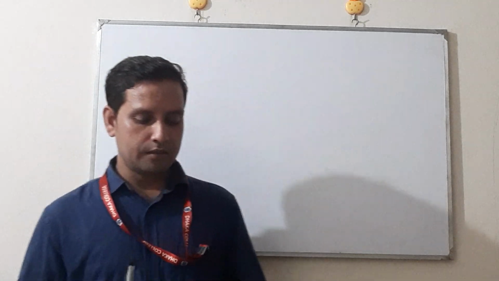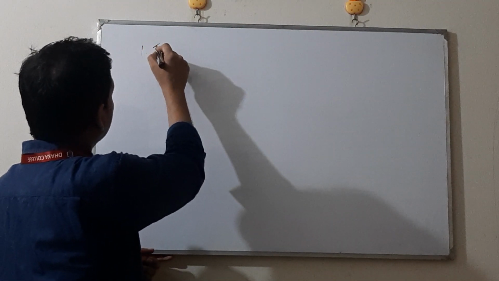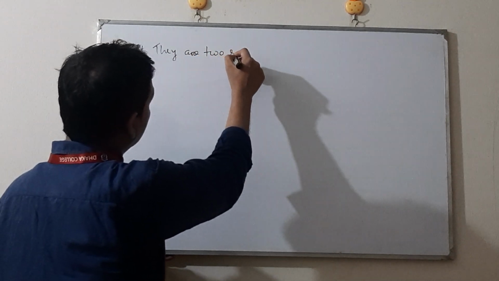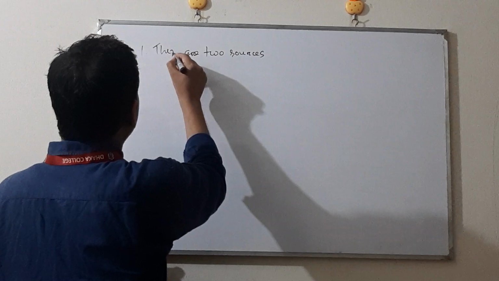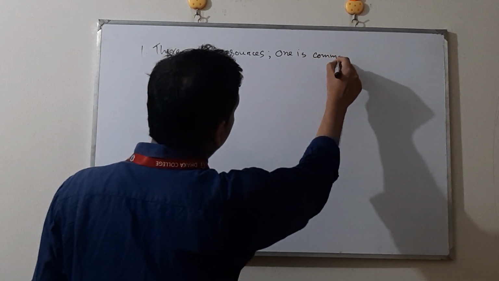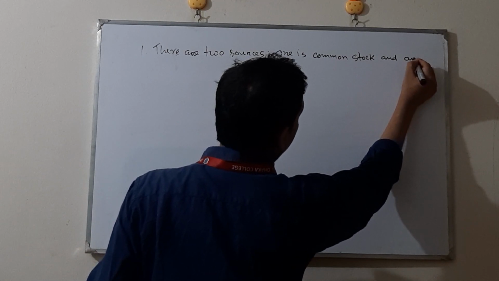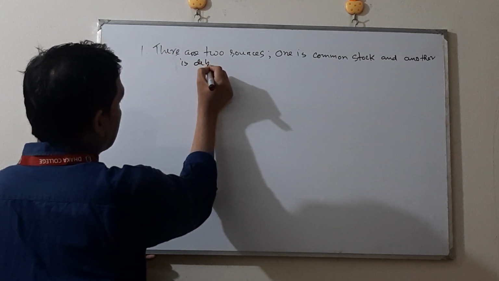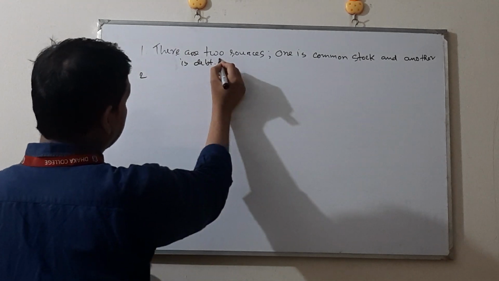The assumptions are: One, there are two sources, one is common stock and another is debt or debenture.